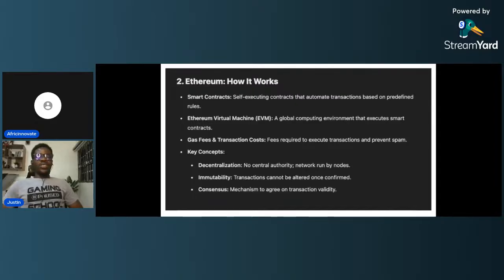All right, I made mention of not spamming the system. In order not to spam the Ethereum platform, there are what are called gas fees and transaction costs. Ethereum is an open place. You can do whatever you like, but while you are doing it, you need to pay something. Otherwise, people will be spamming it.